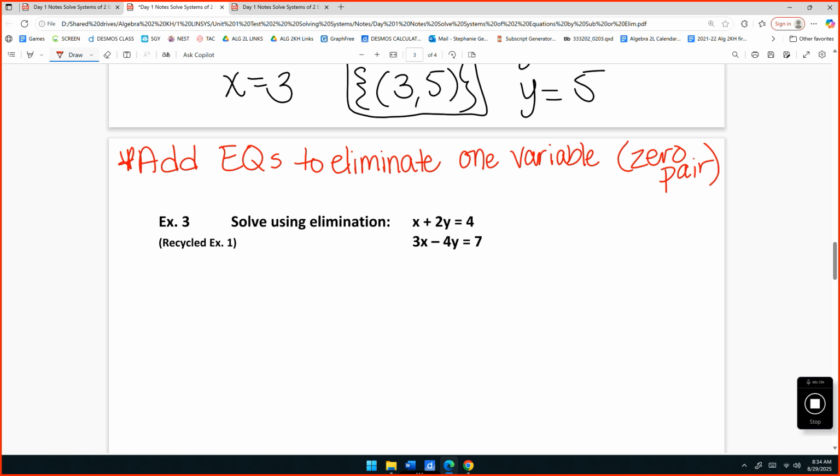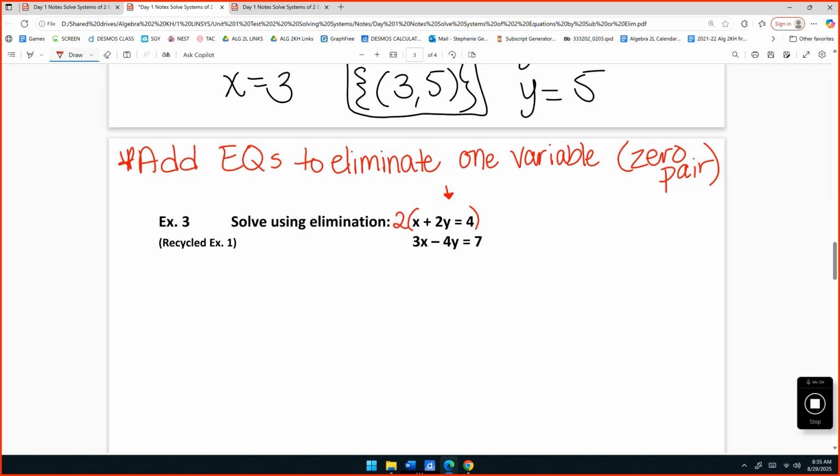So you start off with a choice, and then you can multiply equations by whatever you want to make that zero pair. If I'm choosing to eliminate y, I always like to draw an arrow above the variable that I want to eliminate. That's the one I'm targeting. I know that if I take this first equation and multiply it by 2, then that will create 4y, which is a zero pair with negative 4y, right?